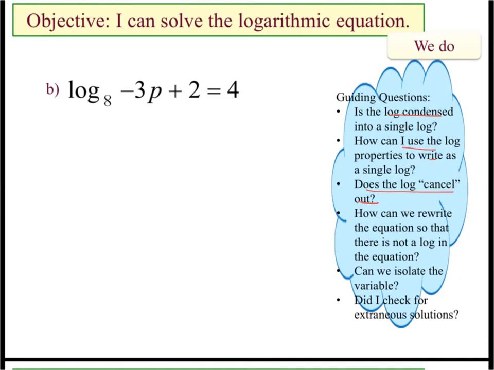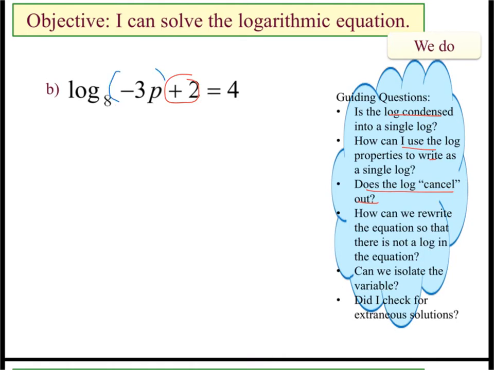So before we can rewrite this equation, what we need to do is isolate the log, and right now it's not isolated because there is this plus 2 being added on to the end. Now, there aren't parentheses around the argument here, but it's sort of implied, even though it's not written.